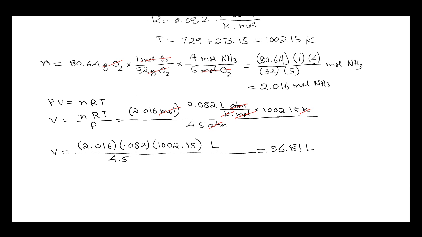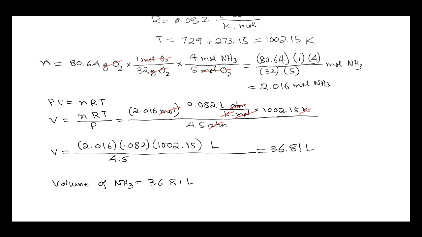So the volume of ammonia is equal to 36.81 liters. Now this is without considering the sig figs in the calculation that we have. But if you go through that, you will see that the 4.5 atmospheric pressure is the one that has the lowest number of sig figs.